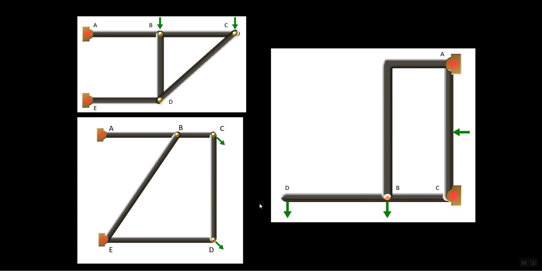Here CBD is not a two force member because there is a force at pin C, a force at pin B, and a force at pin D. AC is not a two force member, force at pin C, an applied load, and force at pin A. However, AB is a two force member because there is a force at A and a force at B, and the forces at A and B are equal, and they must pass along the line AB.